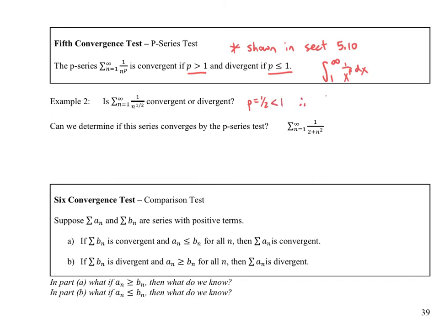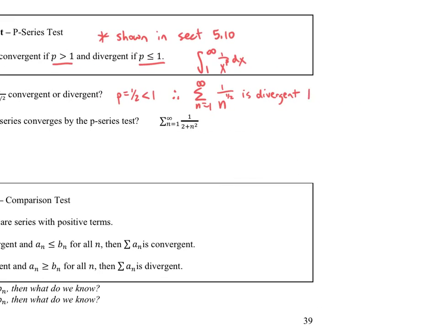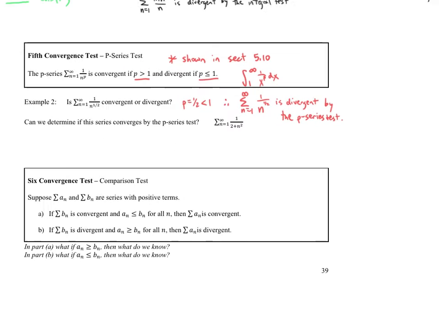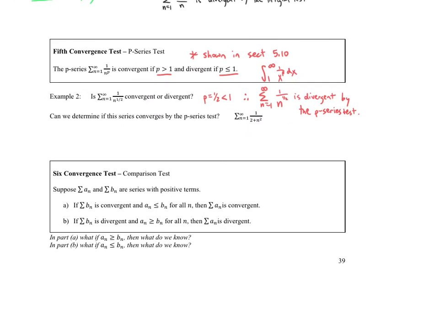Therefore, this particular series from 1 to infinity of 1 over n to the 1/2 power is divergent by the pSeries test. And that's pretty straightforward, so it's pretty simple.